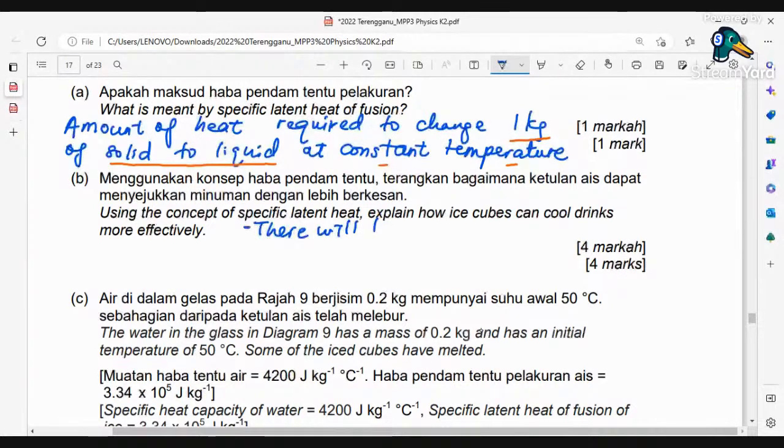Okay, there will be heat transfer between ice cube and the drink.